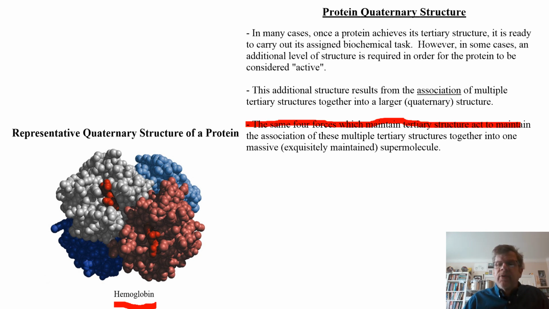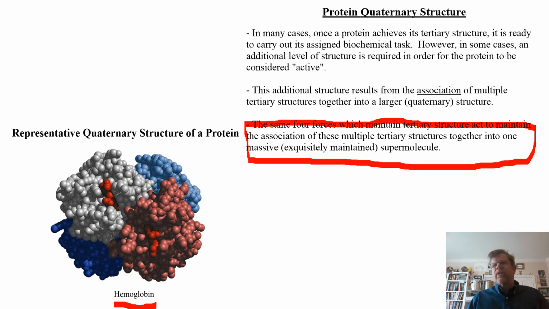Remember, the majority of those were associative attractions, like ionic attractions, hydrogen bonding attractions, hydrophobic attractions. They weren't covalent in nature. The exception to that would be covalent disulfide bonds, which don't usually occur in protein quaternary structure. It's really those first 3.